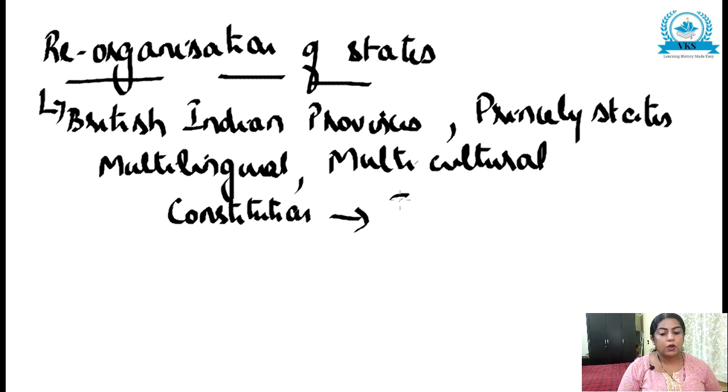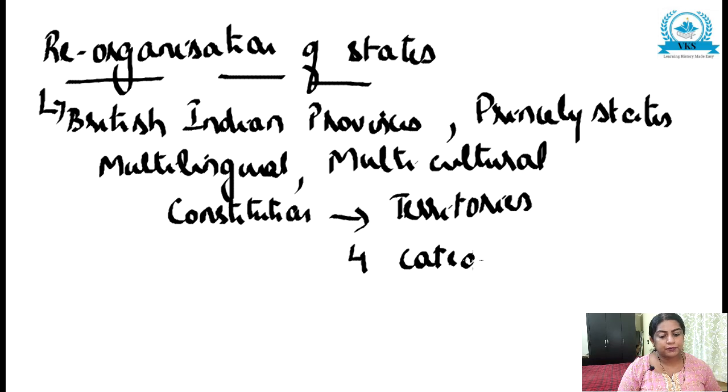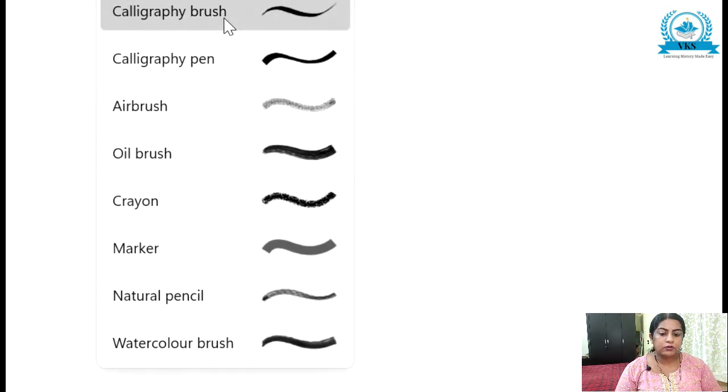As a part of reorganization, the constitution was introduced, and with this all these territories, that is British Indian provinces plus princely states, were divided into 4 categories. Now let us see what these 4 categories are.